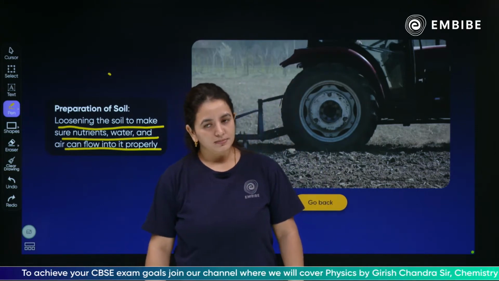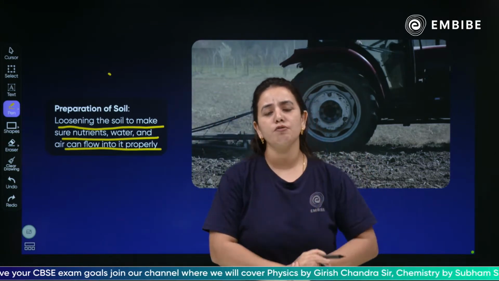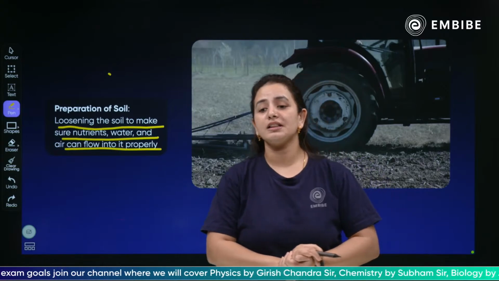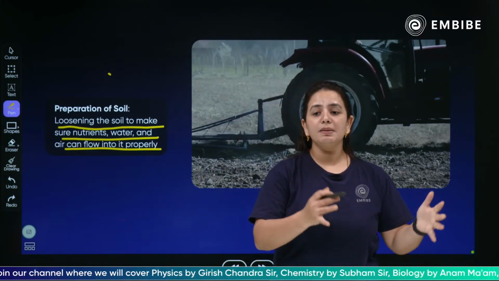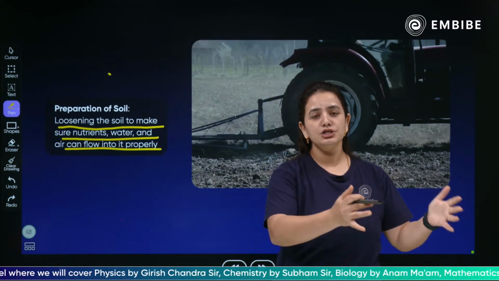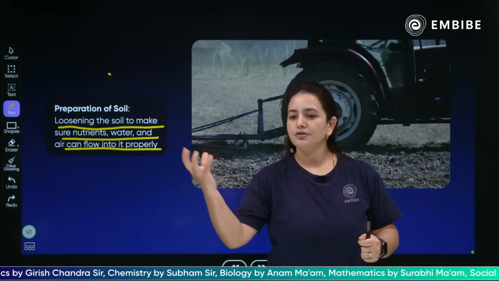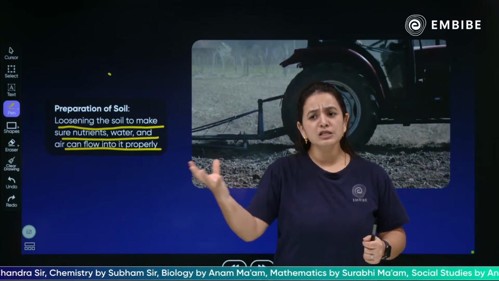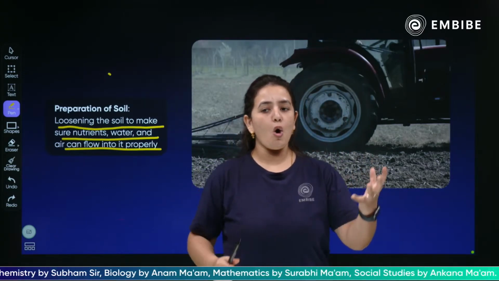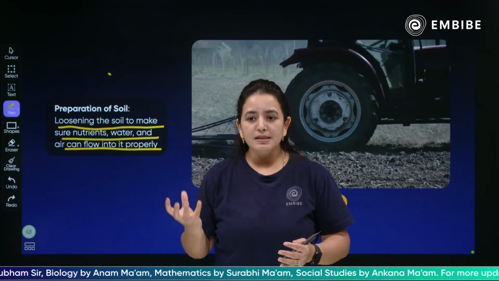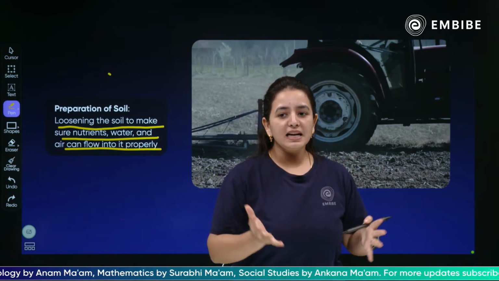Of course, whenever your mother is making food in the kitchen, before she starts making a certain kind of dish, she needs preparations to be done. What are the preparations? She will have some spices, some oil, some vegetables, some ingredients to be added.